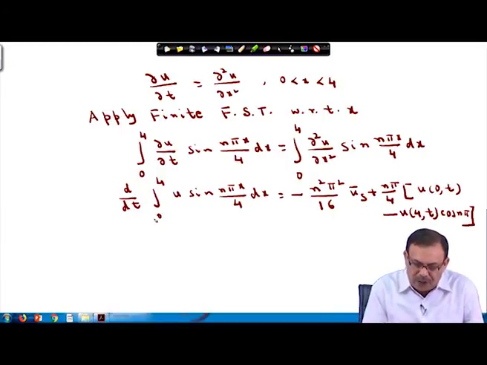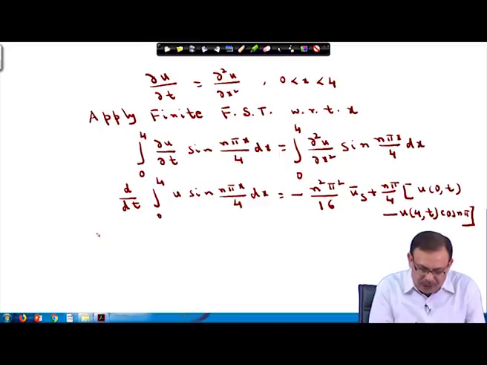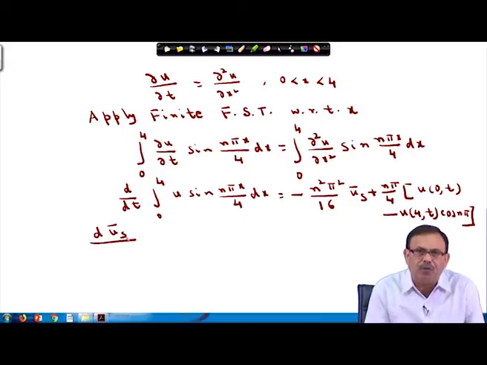Now, the left hand side: the integral from 0 to 4 of u sin(n pi x by 4) dx is nothing but u bar s, the finite Fourier sine transform of u. So, on the left hand side we can write d u bar s by dt, where s denotes that u bar s is the finite Fourier sine transform with respect to x.